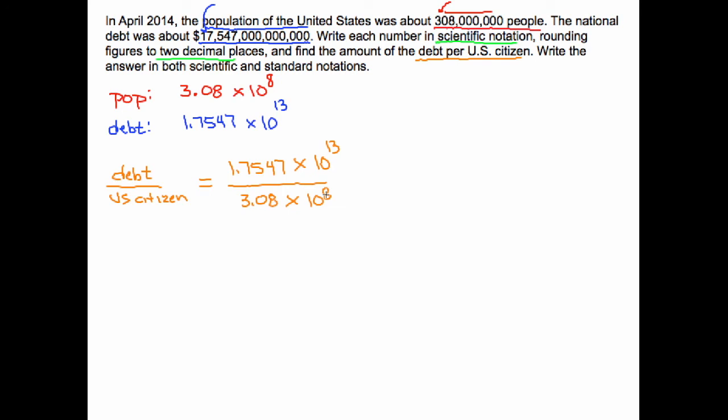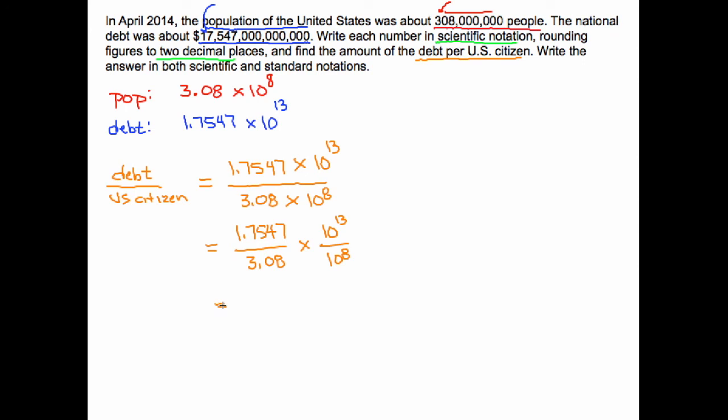Since I'm dividing, I'll divide the numbers that are not written where we have 10 raised to an exponent first. So I'll take 1.7547 divided by 3.08 and multiply by the quotient of, and now I'll turn my attention to where we have 10 raised to an exponent, 10 to the 13th over 10 to the 8th.